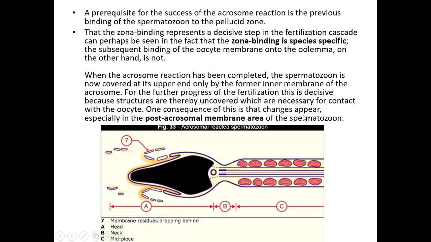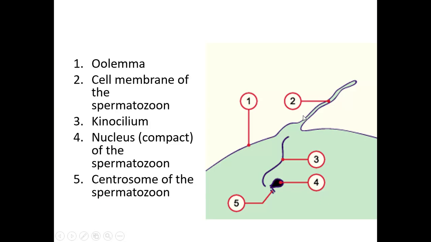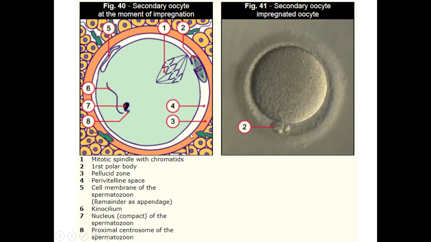But now the second centrosome is present, and then it can finish it. We see the situation: the centrosome finishing the metaphase here, and decondensation of the sperm cell genetic material taking place.